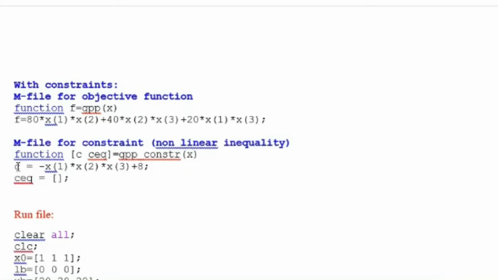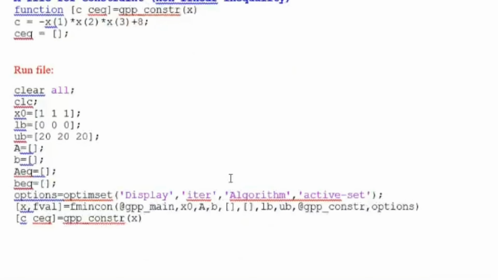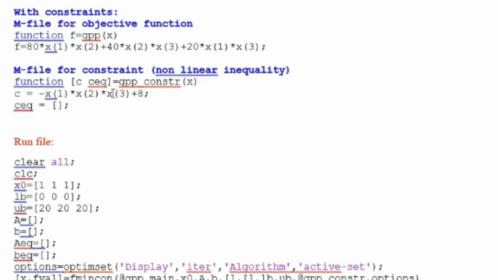And then, in our problem there is only one constraint, that is 80 by x1, x2, x3 less than or equal to 10. That is 8 by x1, x2, x3 less than or equal to 1. So there is only one nonlinear inequality constraint. If two constraints are there, within the square brackets, constraint 1 separated by semicolon, then constraint 2.